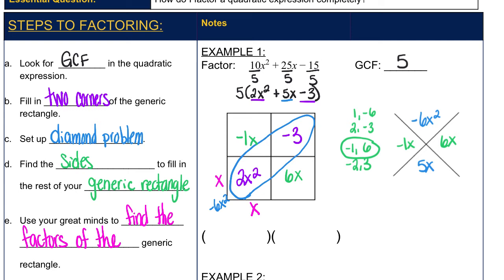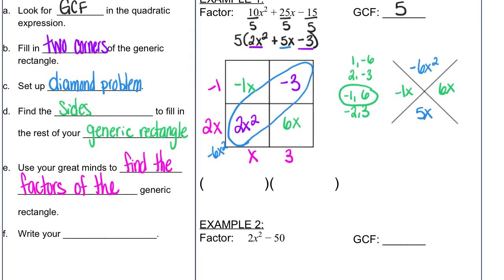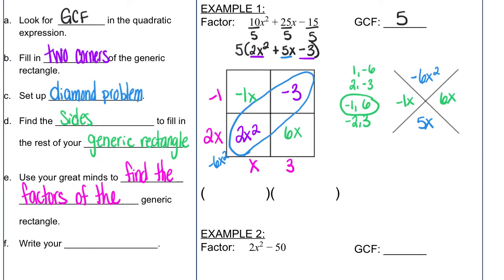So the 2 is going to go on the left-hand side because 2 multiplies into 6 nicely if I were to multiply it by 3. 1 times negative 1 will give me that negative 1x that I see in the top left corner. And then I can use the top right to double check, and negative 1 times 3 does in fact give me negative 3.